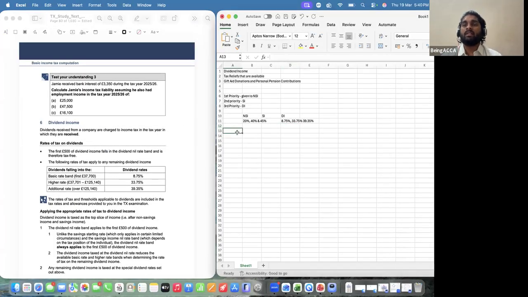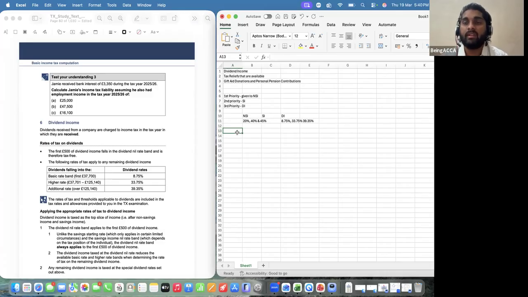Now, in savings income, we have seen that we have something known as the nil rate band, where if the taxpayer is in the basic rate, then the first 1,000 of savings income is taxed at 0%. And if it's a higher rate taxpayer, then the first 500 of savings income is taxed at 0%. And if they're additional rate, we do not have any nil rate band for savings income.